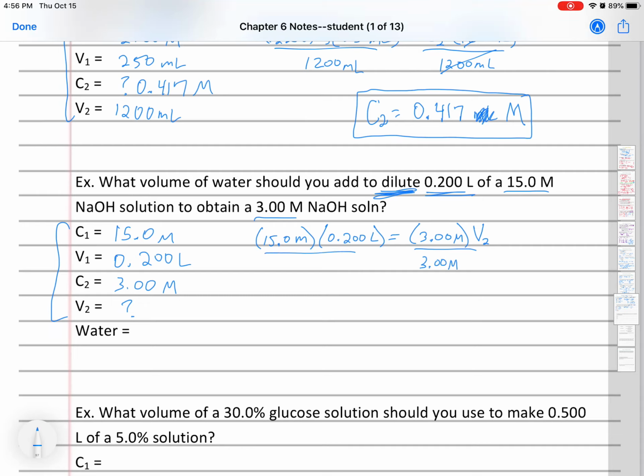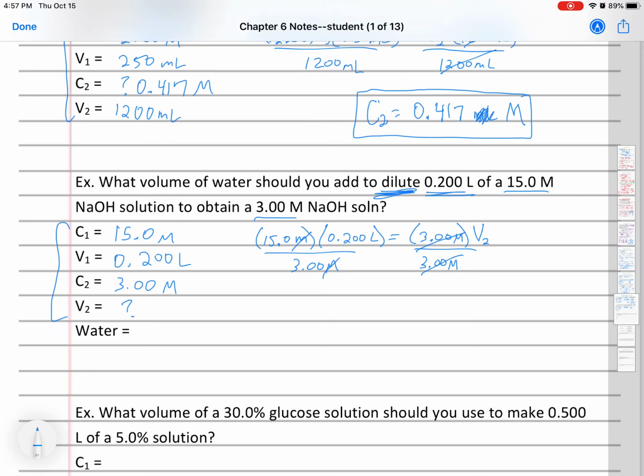Divide both sides by 3.00 molar, and the molarity cancels out. So 15 times 0.2 divided by 3. 15 divided by 3 times 0.2 equals 1.